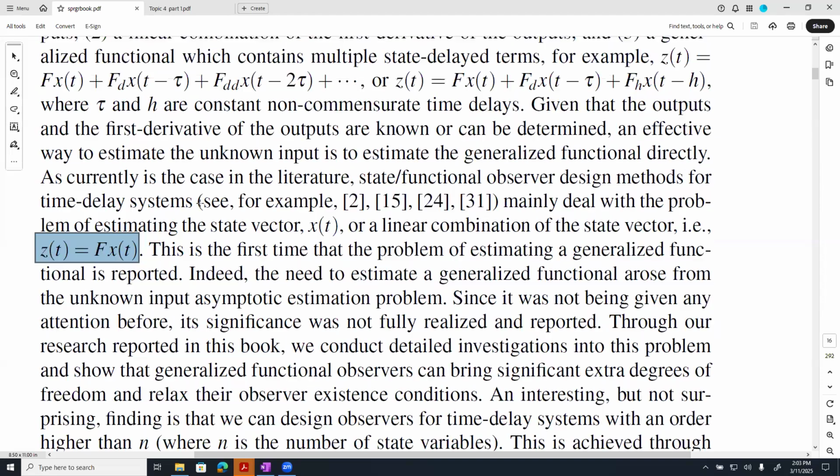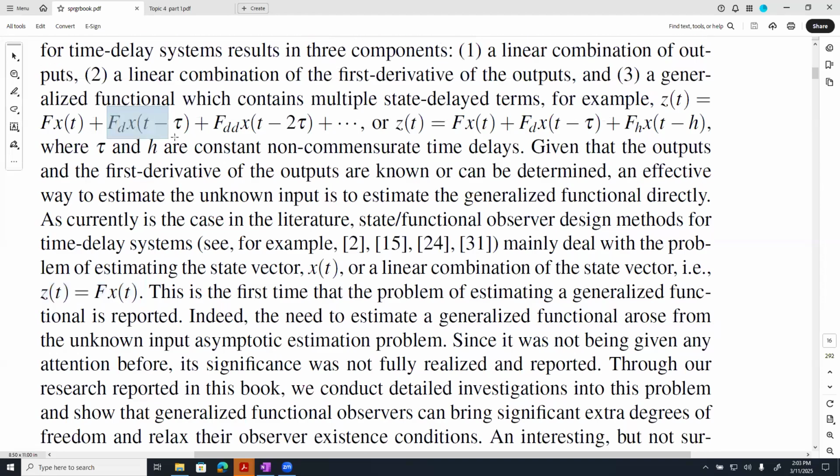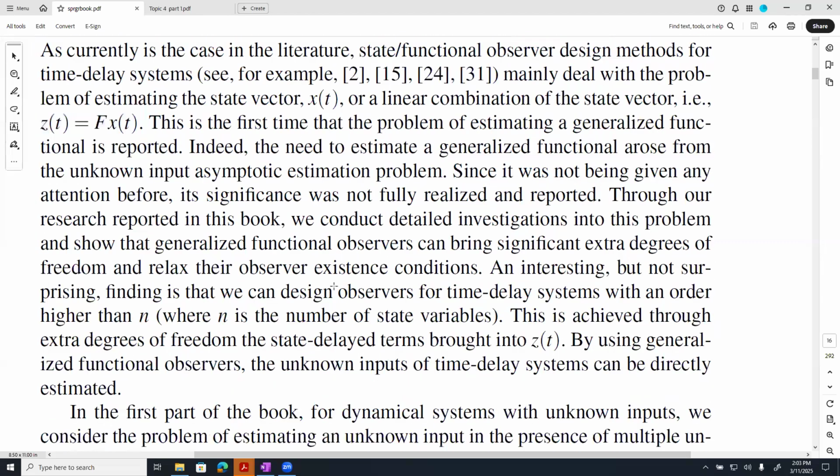But by introducing a delay functional and the sum of that together with the instantaneous, in other words, by estimating this function directly, we can actually go to a higher order and we can achieve asymptotic estimation. So this is something very intriguing.